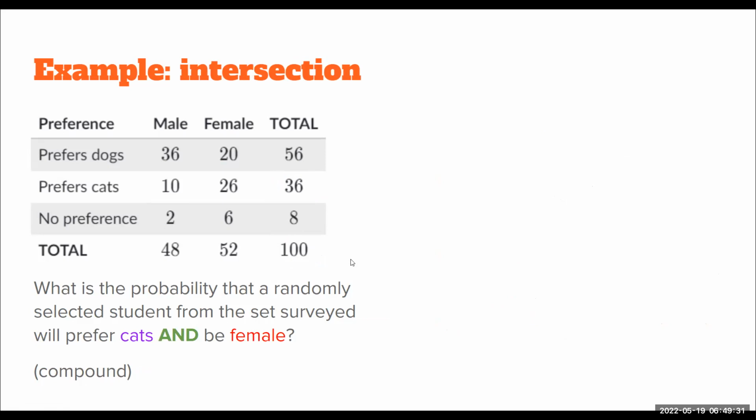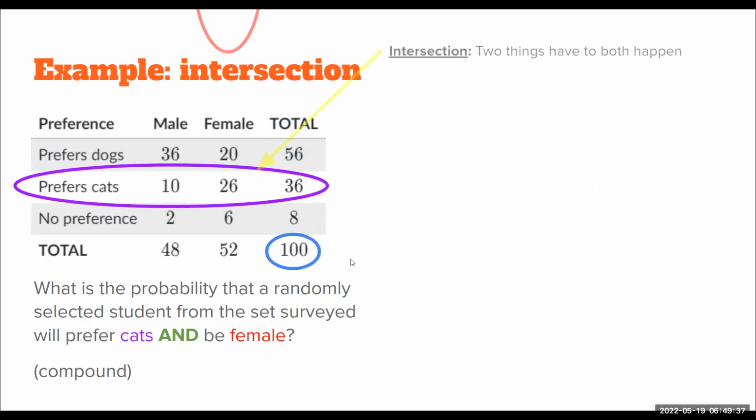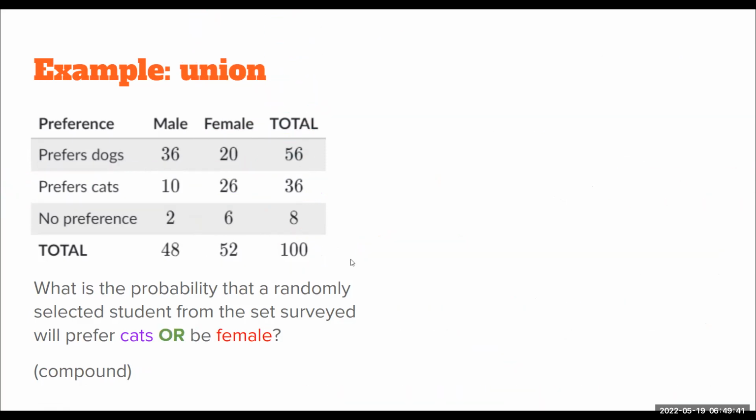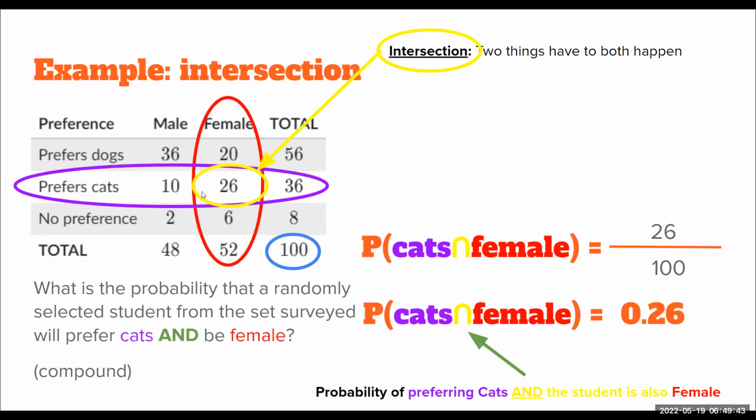So if I prefer cats and I'm female, then I live at the intersection of cats and female. There we go. Intersection of cats and female, just the number. If I have to prefer cats and be female, then it's just the number at that intersection over the total possible.